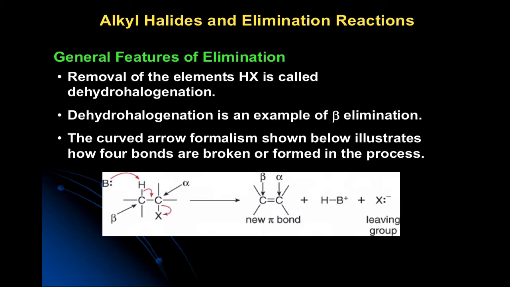So the base comes in, abstracts the hydrogen, these electrons move over here, and the leaving group leaves. Three arrows are needed. So how many electrons are we actually pushing? We're pushing 6 electrons in this mechanism. The base is going after the proton, the proton is losing its electrons to form the pi bond, and the leaving group is leaving. Okay?